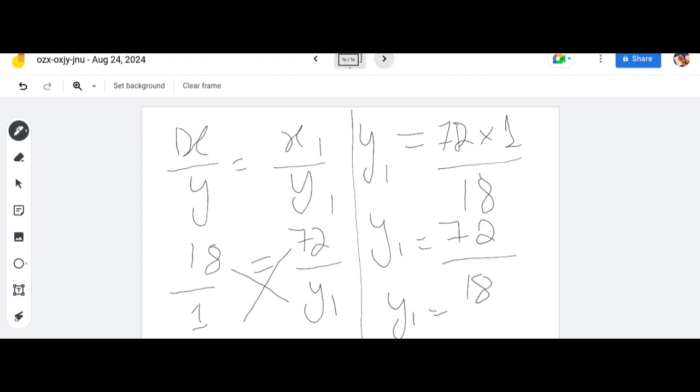Okay, what will be the answer? y1 is equal to 72 into 1 by 18, so y1 equals 72 divided by 18.